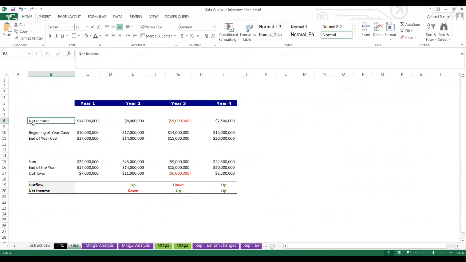Another example of where net income and cash flow can vary is in the way that revenue is recognized.